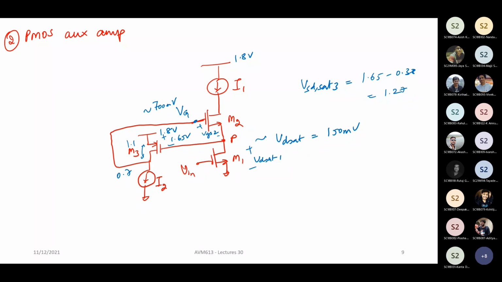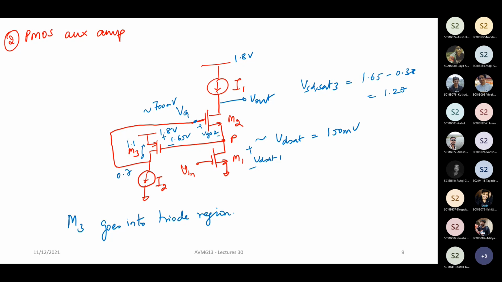So which means that this M3 goes into triode, right? In order to have a good swing at the output, you will put this voltage at the gate of M2 to be such that it is only just the gate to source plus some VDSAT plus VDSAT margin or something like that, and then you put it there.